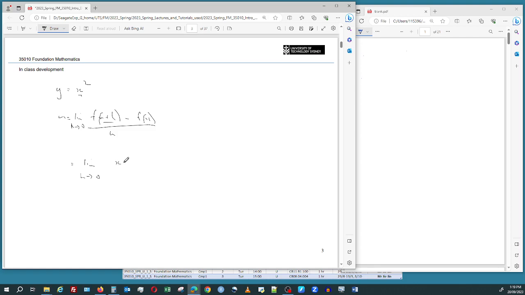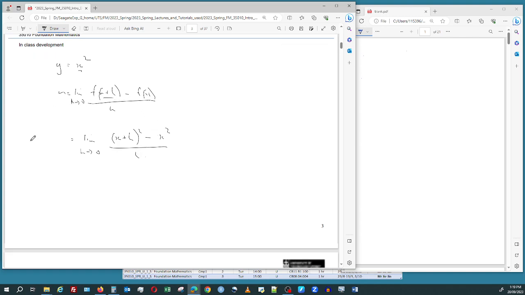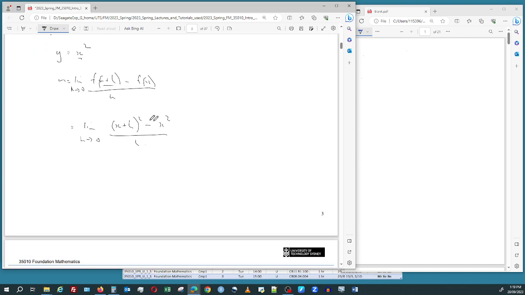So we'll put x plus h in brackets. Then f of x is just x squared. We've got our h underneath. Very good. Now you'll see that this is a perfect square. So the limit of h approaching 0, we do an expansion, x squared, 2xh, h squared.